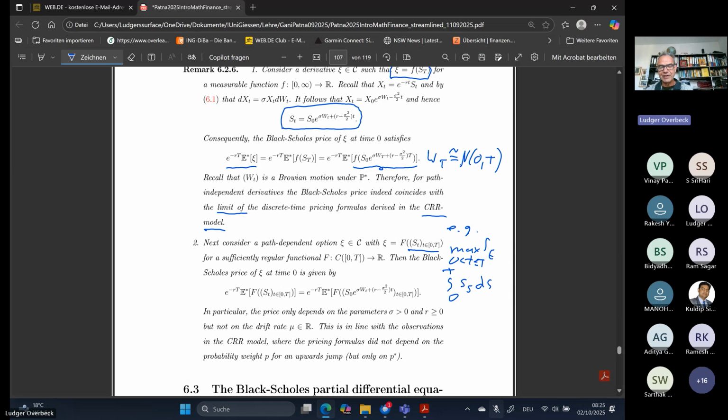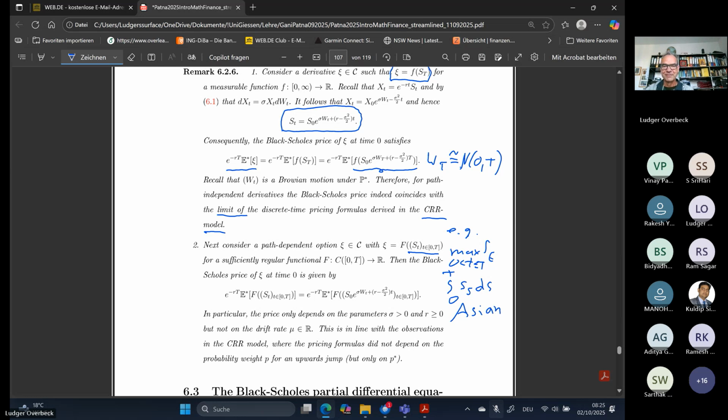Do you know of any other options which have a kind of geographic name? We have European, we have American, we have Asian. Have you heard of any other? One I didn't mention, and this is traded quite a lot.